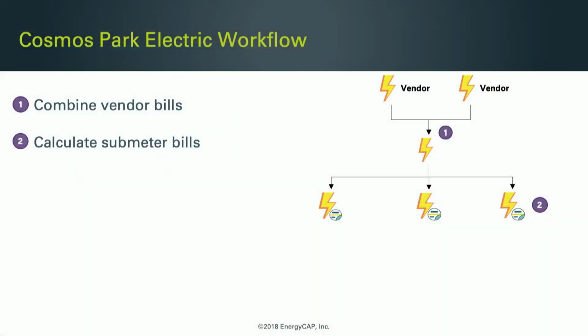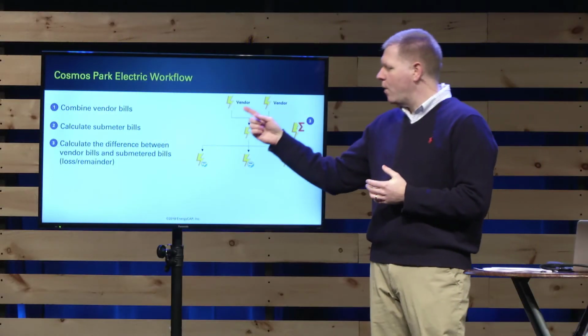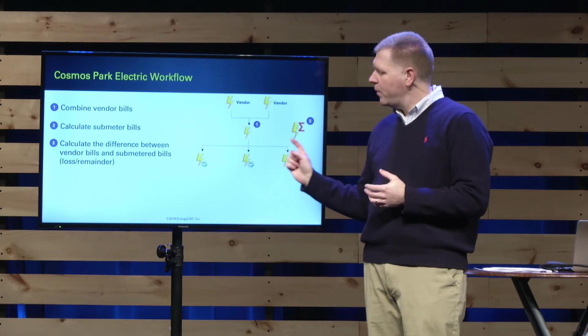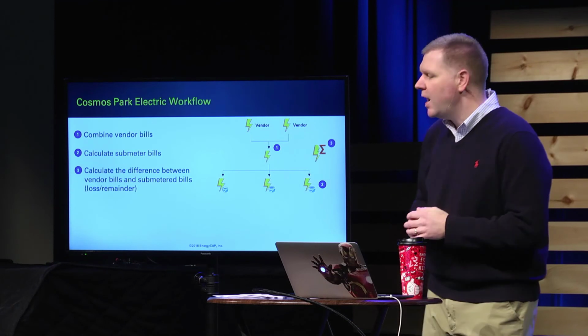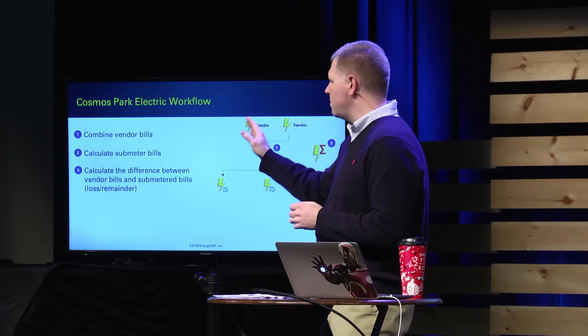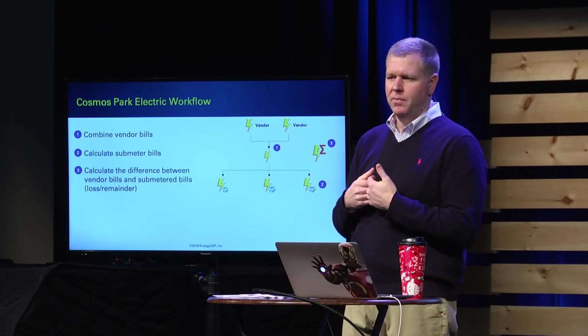It would be nice to be able to know what our submeters used. Not just what did they use, but what's the cost associated with operating those submeters. So we can look at particular areas of the park and see how they're performing. Another step would be to be able to figure out what's the difference between what we paid our vendors and what we calculated as our cost from our submeters. And even to know the difference between what did our vendor measure as our use for a given month versus what did we measure for use, right?